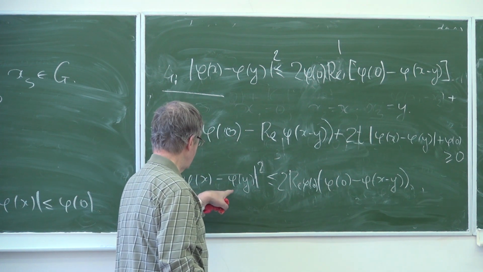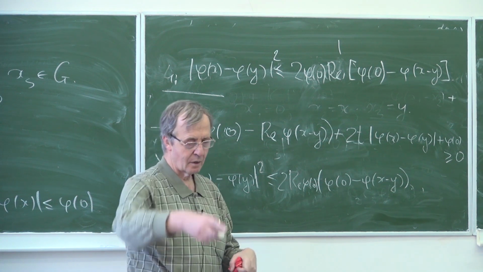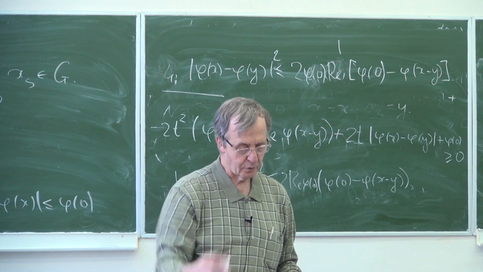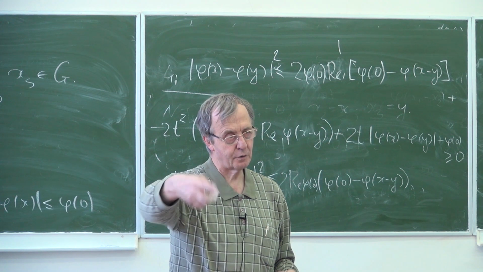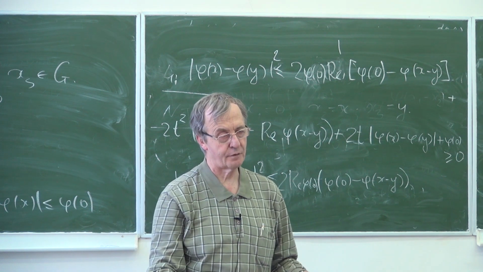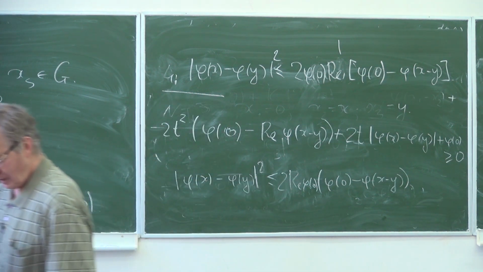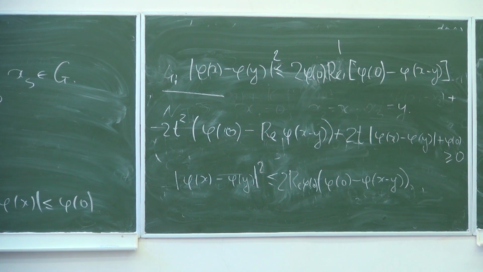At the end, we see that phi is uniformly continuous in any case, because we find a representation of it in terms of a measure. So it is the inverse Fourier transform of some measure, and all such functions are uniformly continuous. Anyway, we have proved these properties.